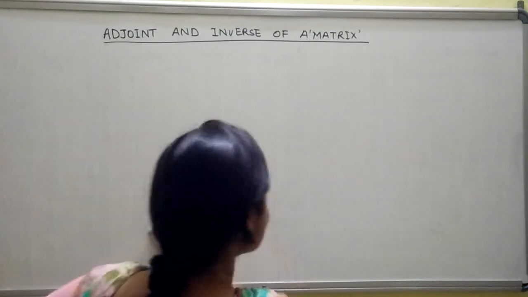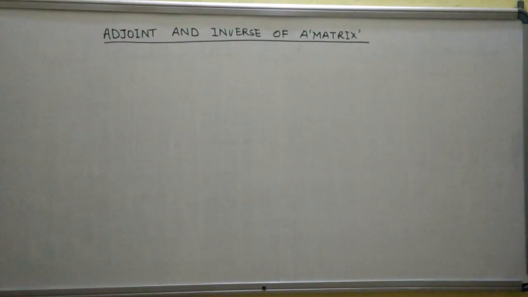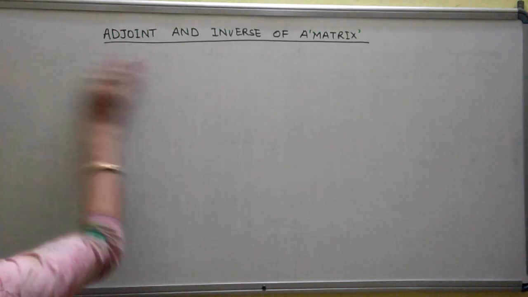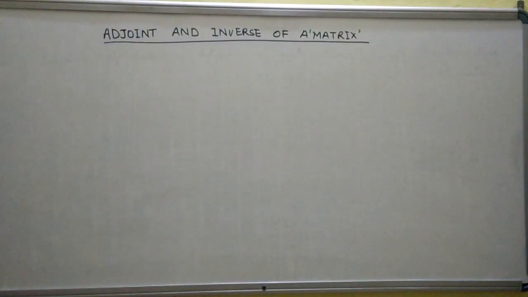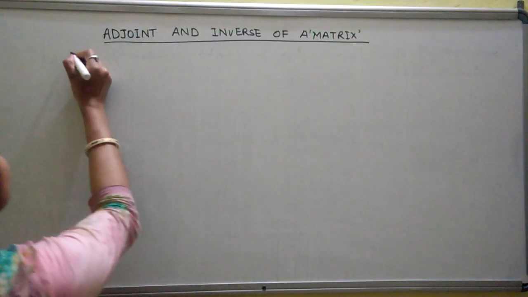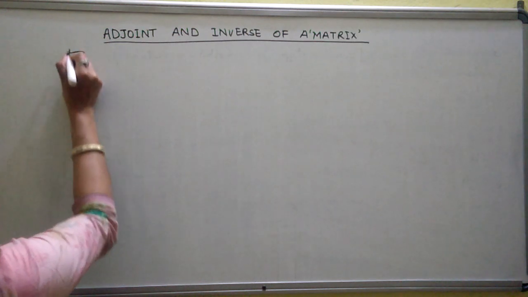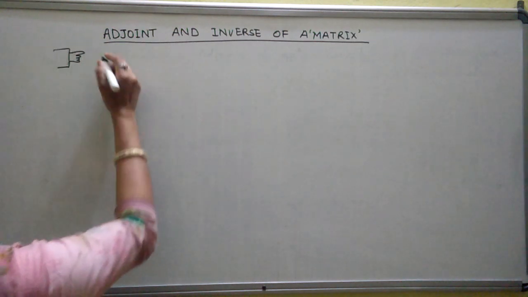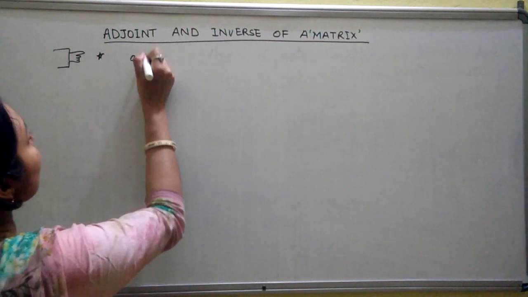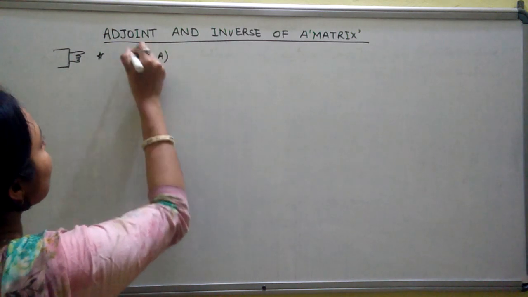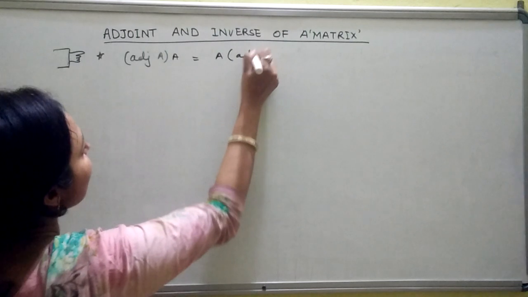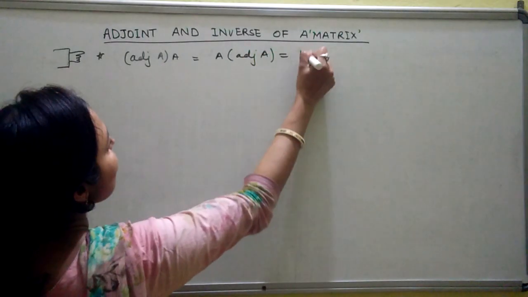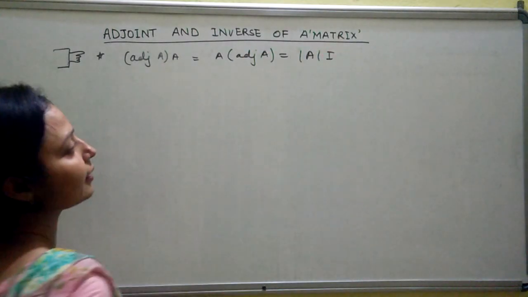First important fact: adjoint of A into A, or A into adjoint of A, is always equal to determinant of A into I.